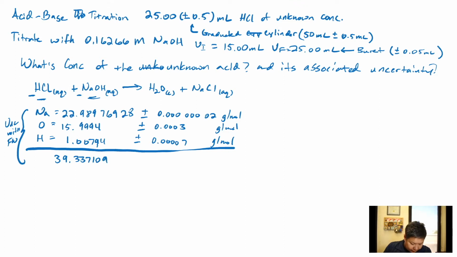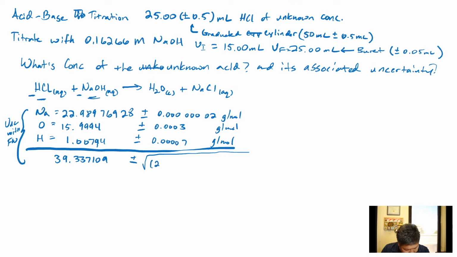And we won't round or anything yet until we figure out what our uncertainty is. And when we do that uncertainty, this is an addition operation to get this value, so we'll use the normal addition equation for absolute uncertainties, which is this.